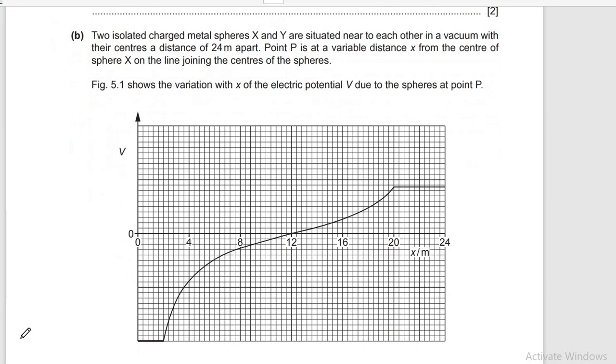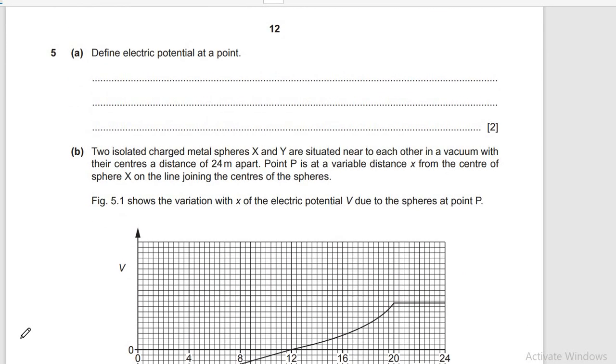Number 5, electric field. Define electric potential. Electric potential at a point.